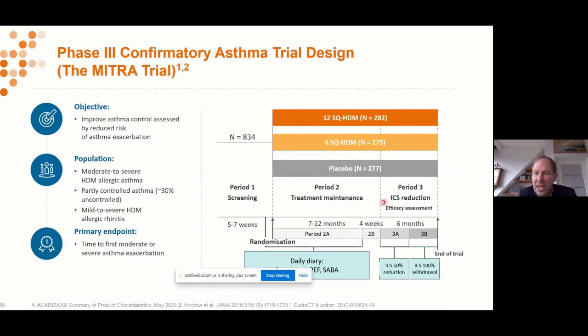And then here at this point of time, the individual cortisone dose of the patient was reduced to 50%. And then after 3 months, it was completely withdrawn. And the primary endpoint was, when does the patient get his first moderate to severe asthma exacerbation?